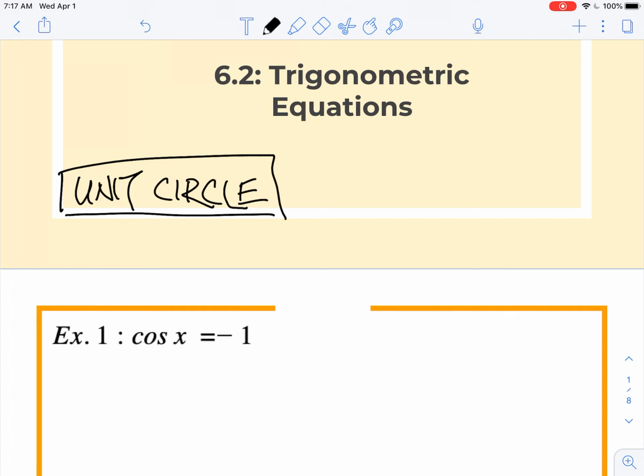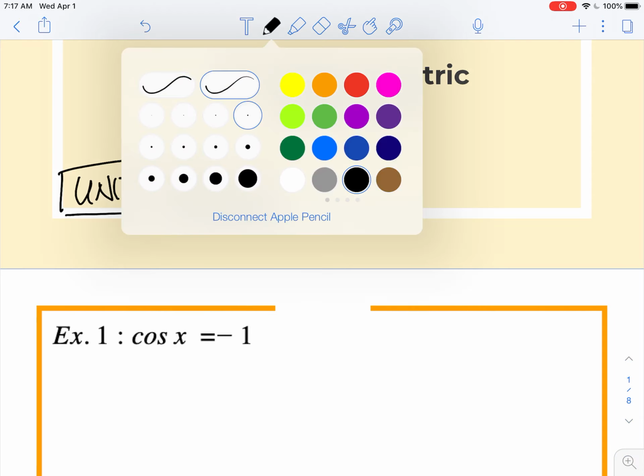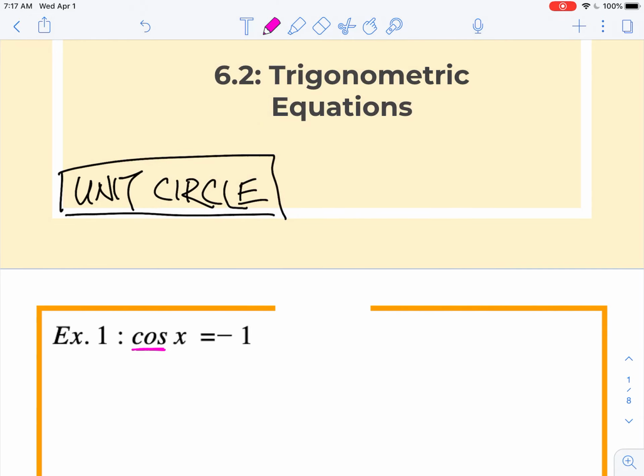Okay, so example number 1, we've got cosine x equals -1. Now, one of the things I want to remind you of is that when we have a trig function, like we do right here, this cosine x, the x is being cosigned. And if we want to get rid of it, we can't just divide the cosine away, but instead what we do is we do the inverse cosine.